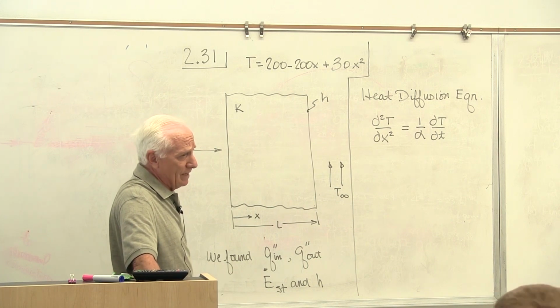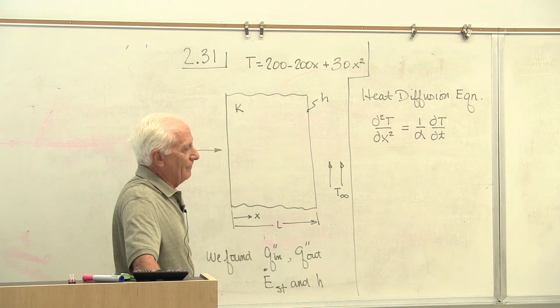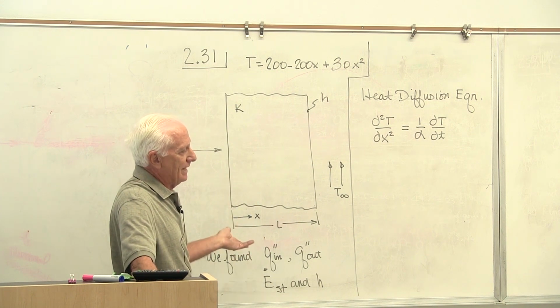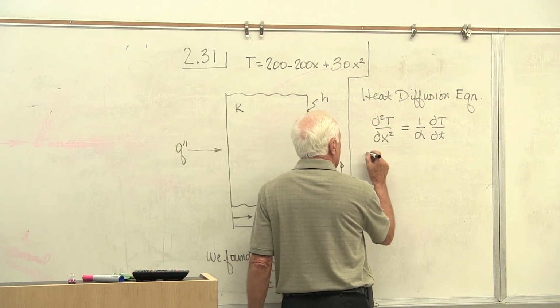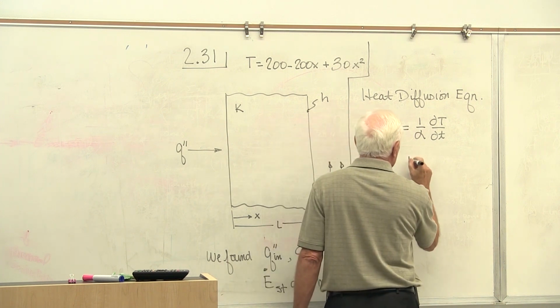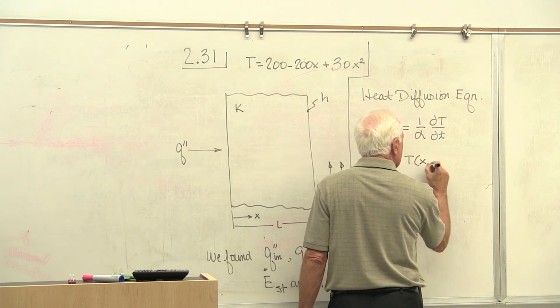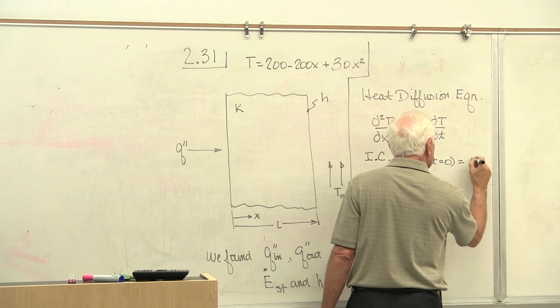We can't solve it yet because, as you know from diff-EQ, we need initial conditions and/or boundary conditions. So in this problem, we do have an initial condition. It says the temperature for any x at time equal 0 is equal to T initial.